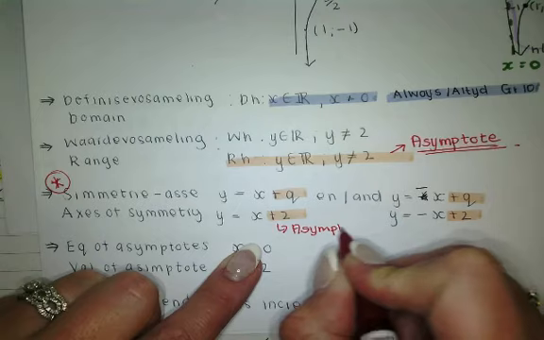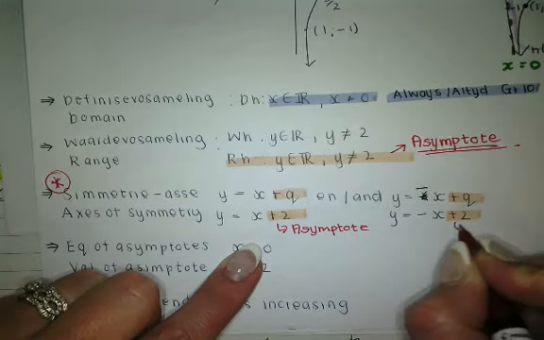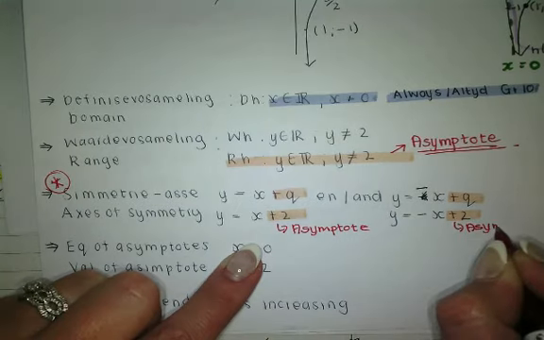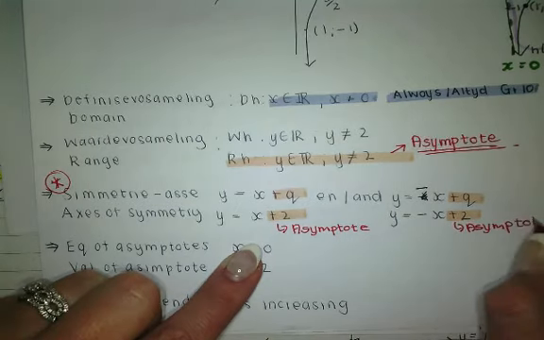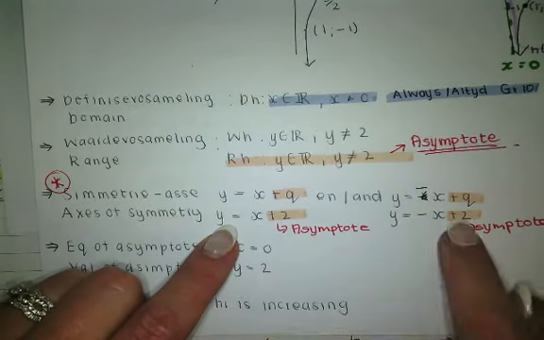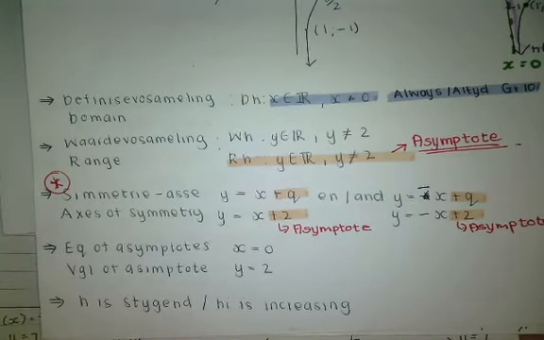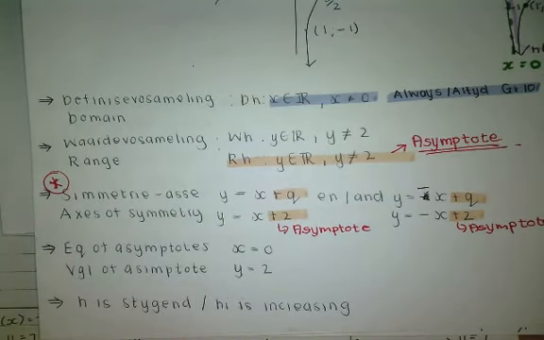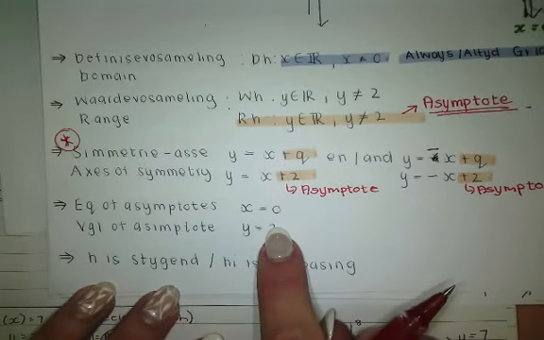And wherever there's a q, you're just going to put your asymptote in. If you just give me this straight, I'll be happy.